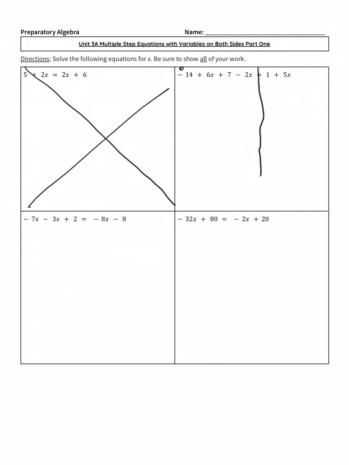We need to now go ahead and combine those like terms. -14 and a +7 makes a -7.